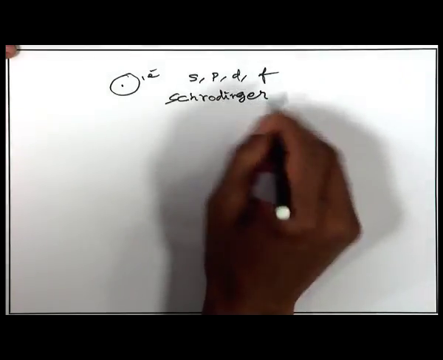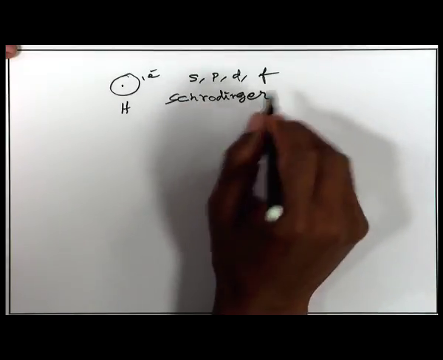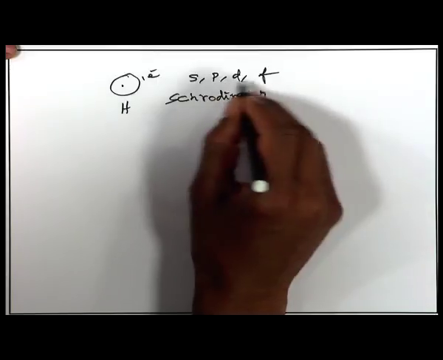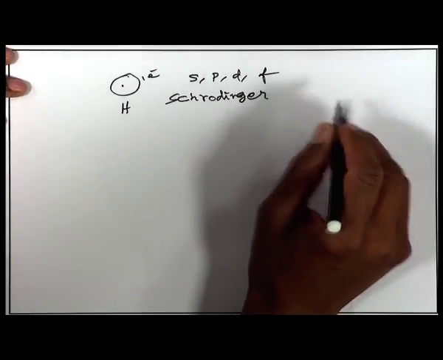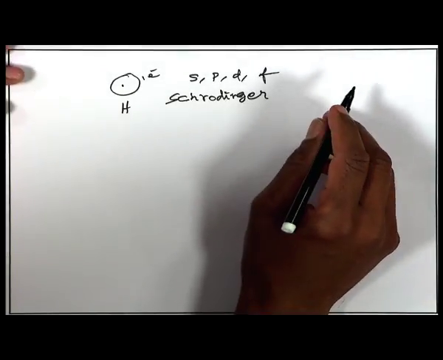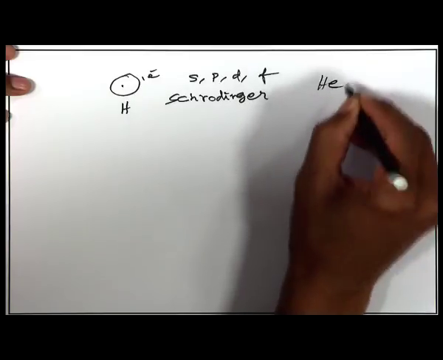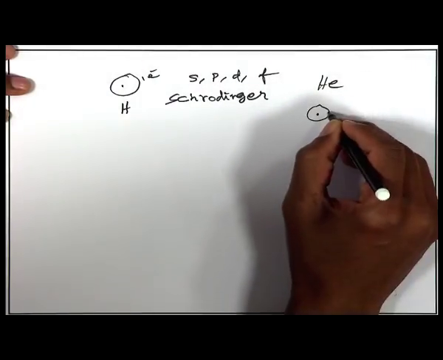So the Schrodinger equation for the hydrogen atom was solved exactly and we found the energy levels and the s, p, d orbitals. In the same way you can go for molecules. When you go from hydrogen to helium, you have a nucleus and two electrons.